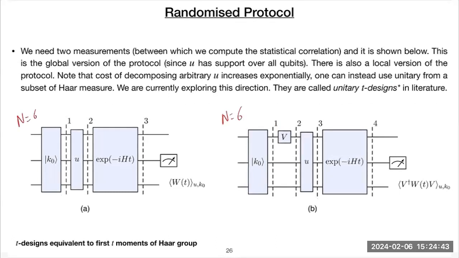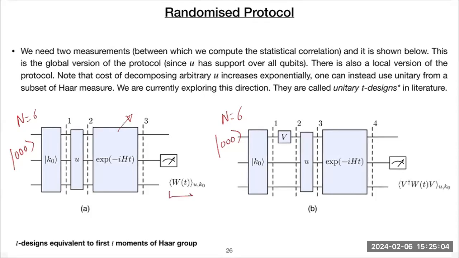So we create an initial state, which is just 0, 0, 0. For example, we took 0, 0, 0. And then we act with a unitary, and we have some state. And then we time evolve using the Trotter formula, which we discussed. And then we measure some operator W, and that is what this gives.